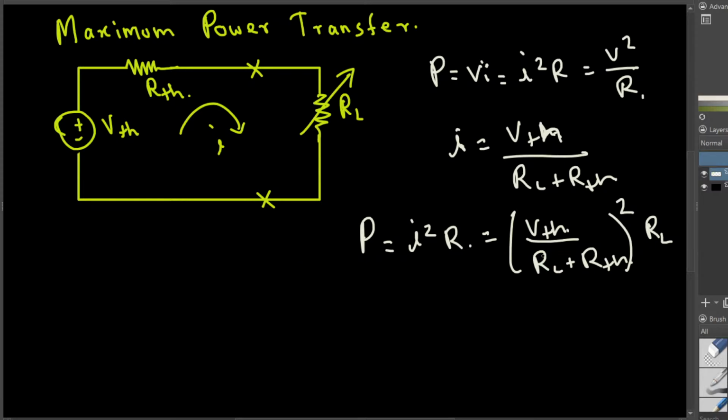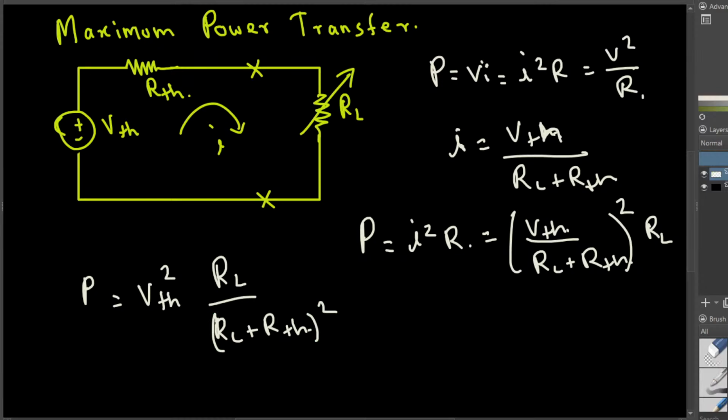Here I can rearrange this power equation by taking the V Thevenin out. P is equivalent to V Thevenin squared times R load divided by (R load plus R Thevenin) squared. Okay, so you can see that I just rewrote this equation in a different way.